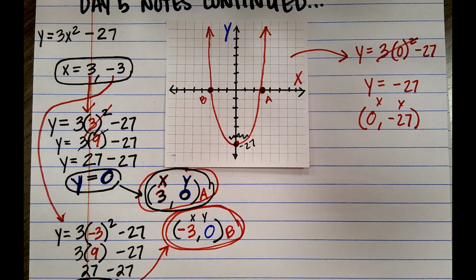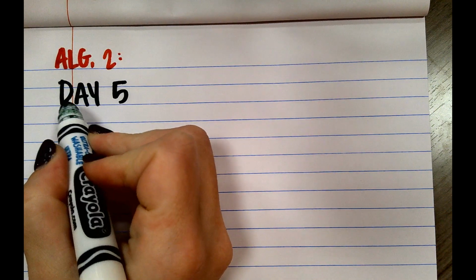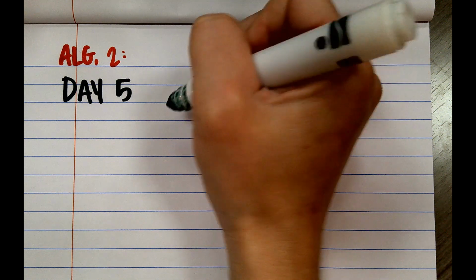So I'm gonna make this for you, and you're welcome to wait for the copy, or you can write it as I write it, up to you. Algebra 2. This is your day 5 exit ticket. If you write this on your own paper, please write that it is day 5. It's gonna make my life a little bit easier when I go back and grade it.